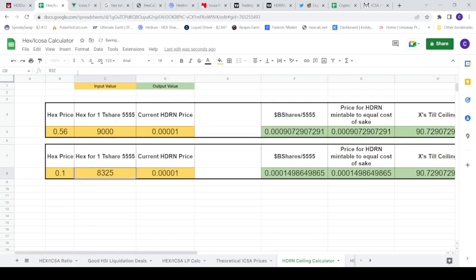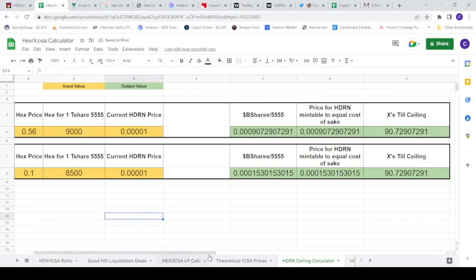Let's do an 8,500. So the price for Hedron ceiling from the current price of 4 zeros and a 1 would be 3 zeros and a 1.5, and that'd be about 90x away.